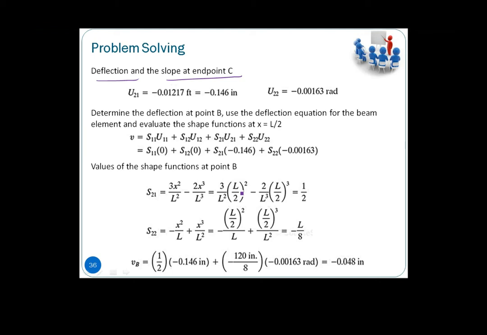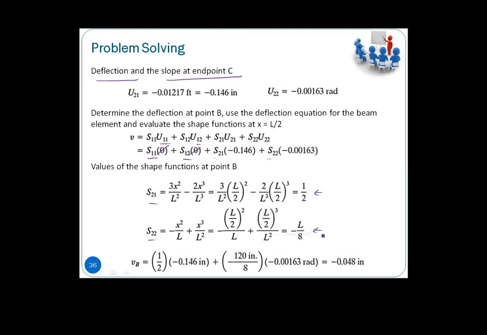We do not need S11 and S12 because U11 and U12 are 0. So here we only focus on S21 and S22. If we substitute x equal to L over 2 into them, we have our shape functions: S21 is 1 over 2, then S22 is negative L over 8.